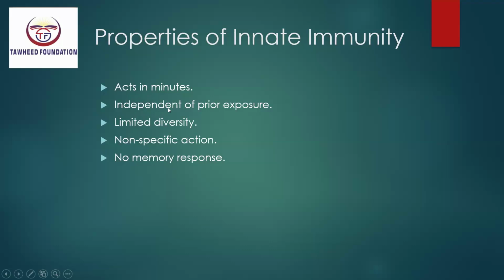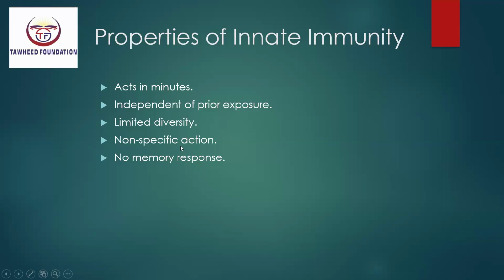Innate immunity is independent of prior exposure to microbes and is present even before the first entry of microorganisms. Third, diversity is limited. Innate immunity is active only against a limited type of antigens, in contrast to acquired immunity, which is more varied and involves specialized immune responses.